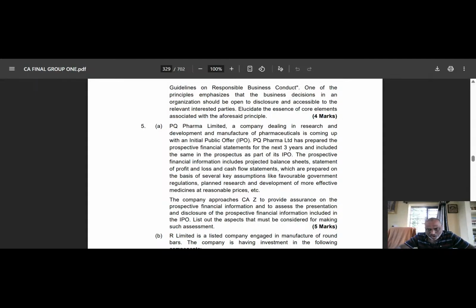List out the aspects that must be considered for making such assessment.